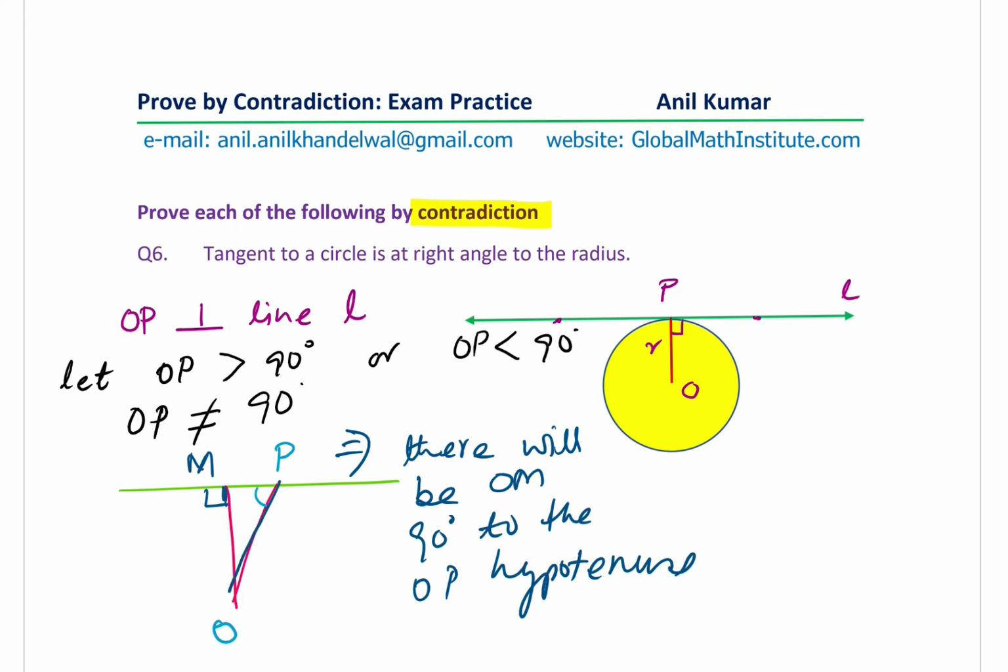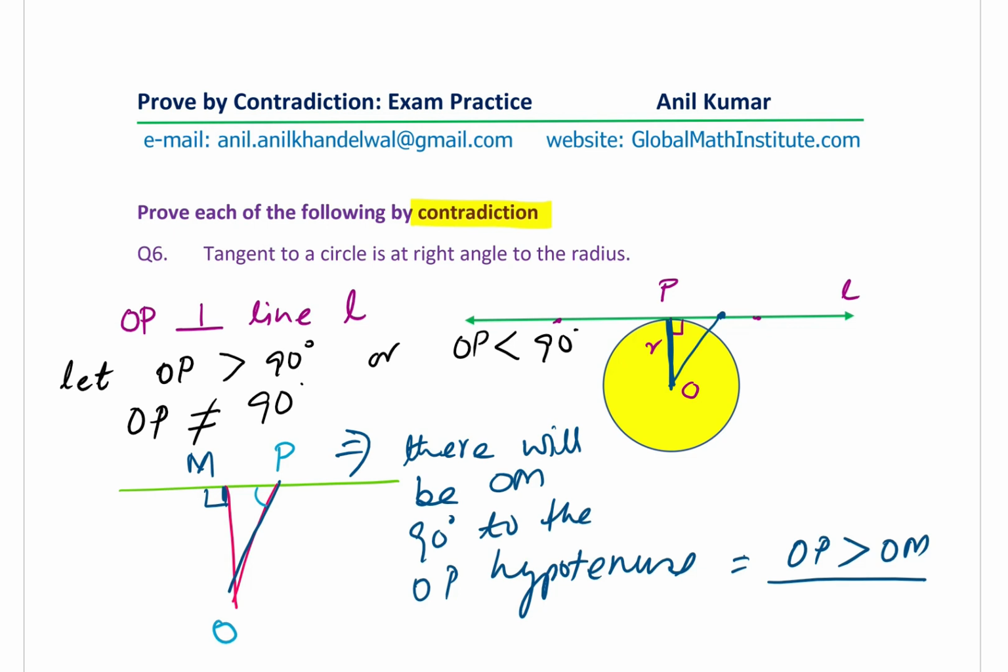So that means that OP is greater than OM. It is something like this, that you're looking for a point somewhere there, right? If it is not at 90 degrees, it is somewhere there, which is greater than the one which is at 90 degrees, which is a contradiction. We know that tangent and radius should be the shortest distance.